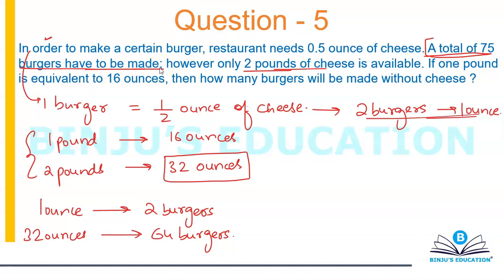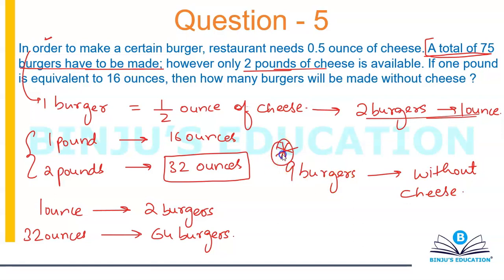How many burgers will be made without cheese? Now 64 burgers can be made with cheese, and we need a total of 75 burgers. That means there will be 9 burgers which will be without cheese, and that's your answer.